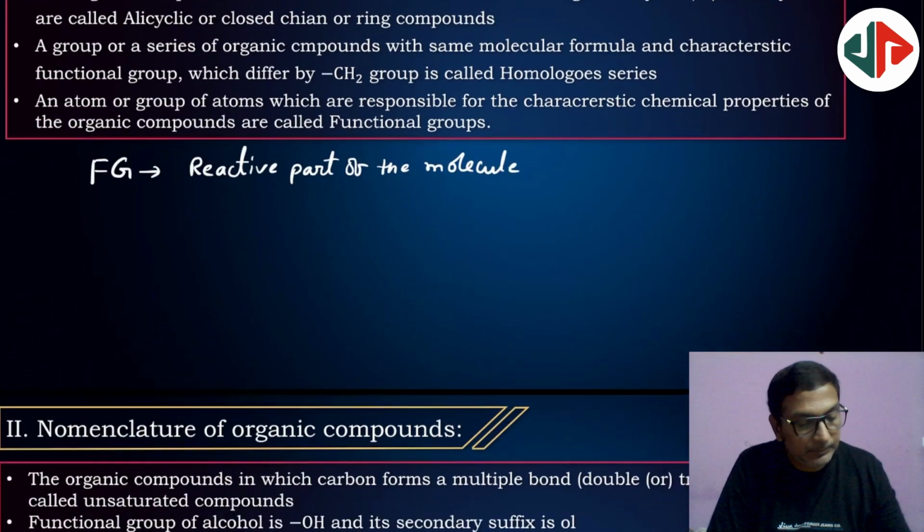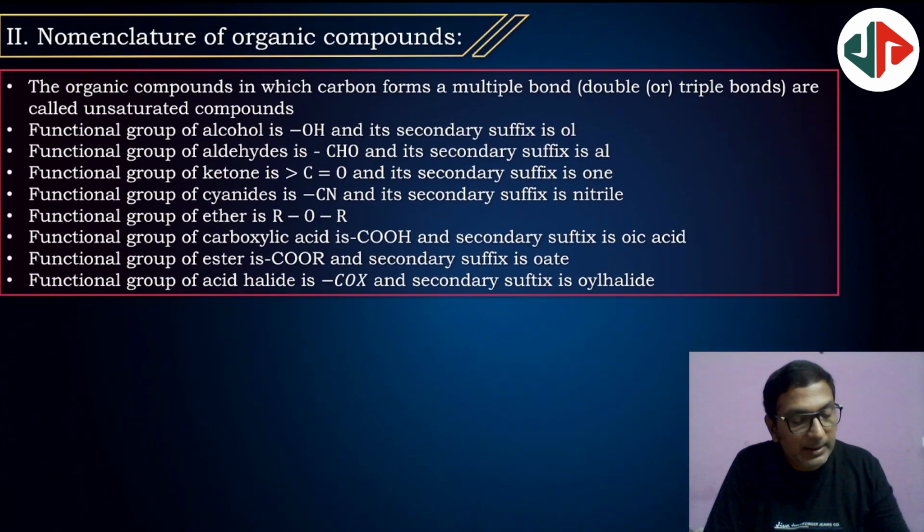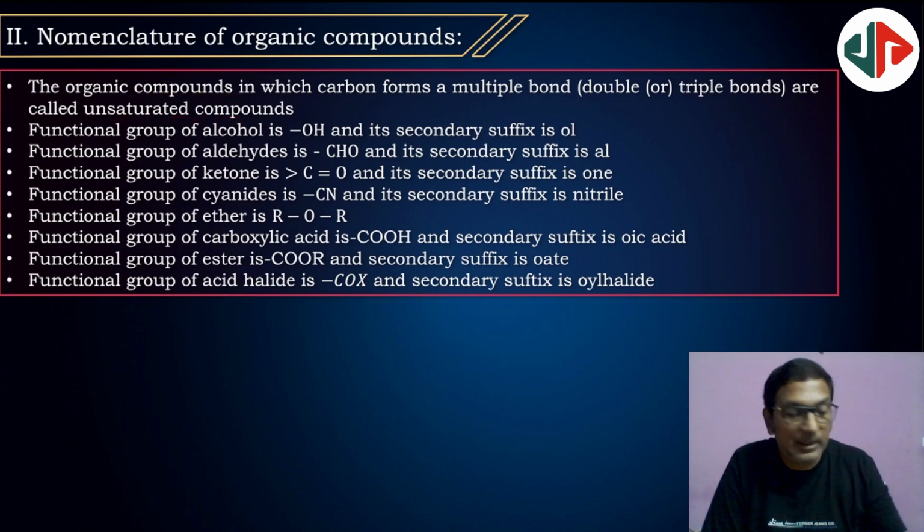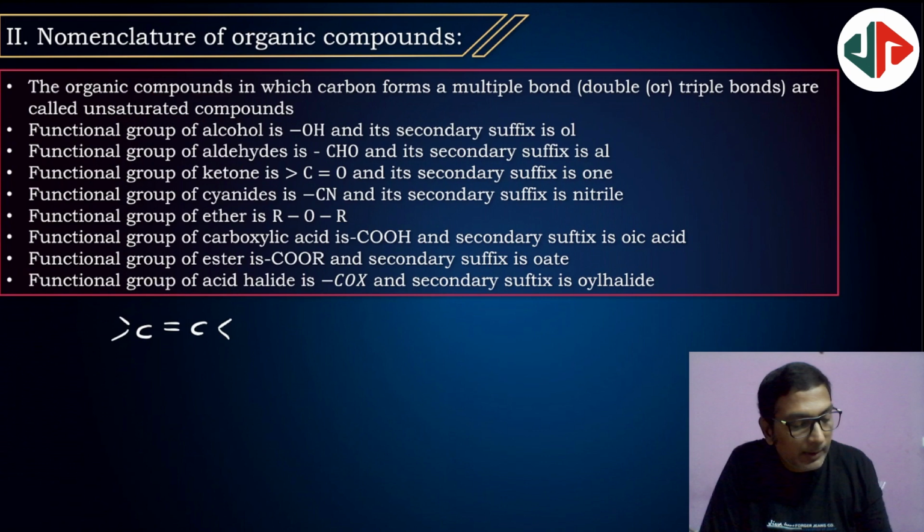Next. So, nomenclature of organic compounds. Organic compounds in which carbon atoms form multiple bonds, multiple bonds meaning double bonds or triple bonds, are unsaturated compounds, unsaturated hydrocarbons. So double bonds you can write like this, triple bonds like this.